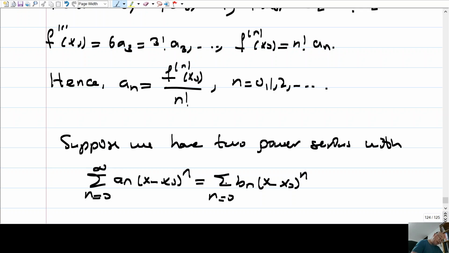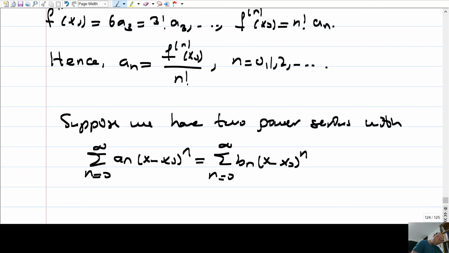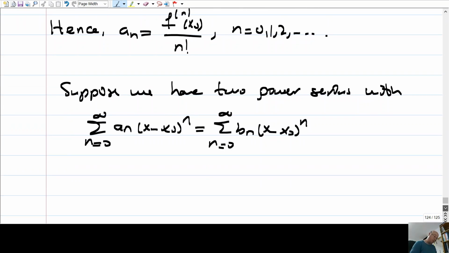And suppose that they both have positive radius of convergence. Well, this is true for all x in some ball like this.